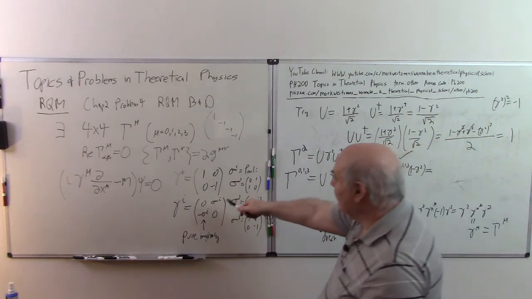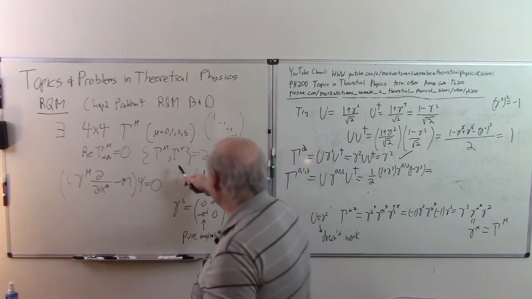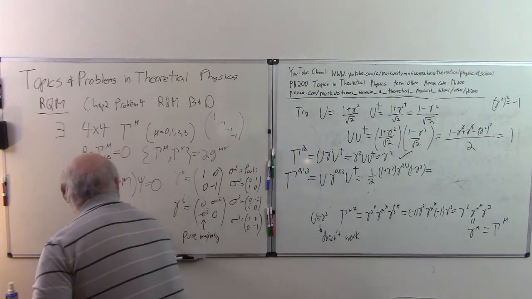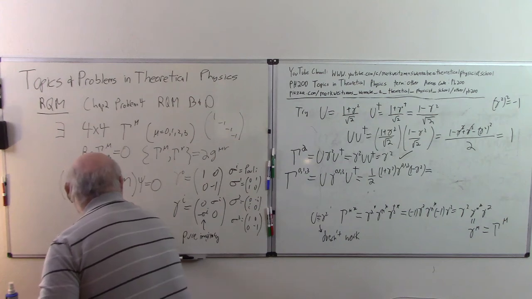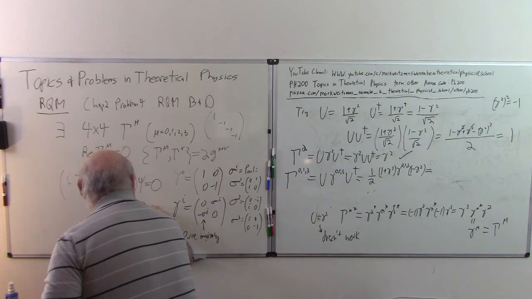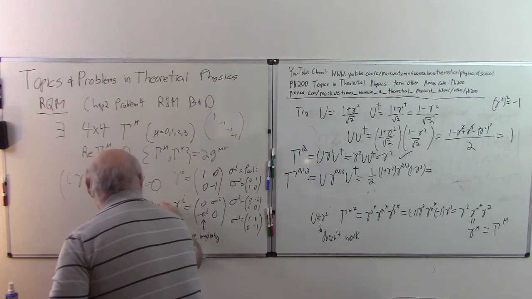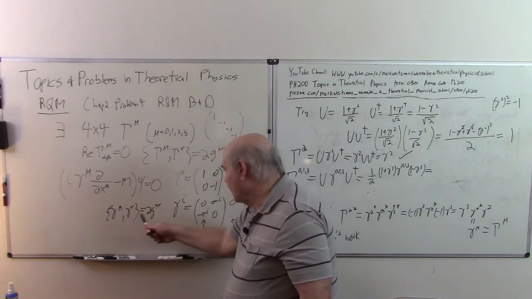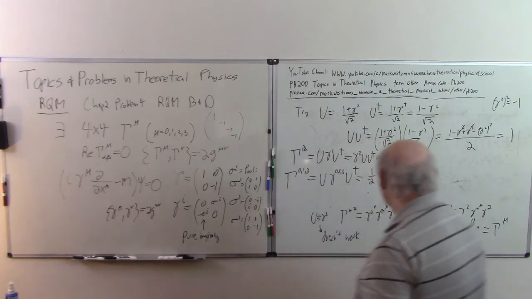This is the commutation relationship: the anti-commutator of gamma mu and gamma nu equals 2 g mu nu. So when mu is unequal to nu, this is 0, so they anti-commute.